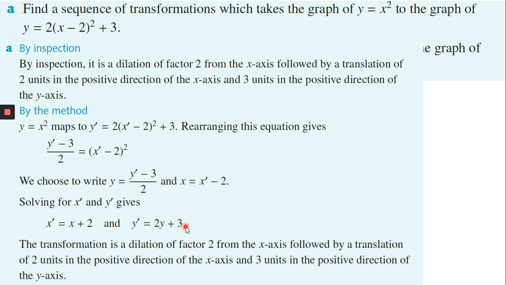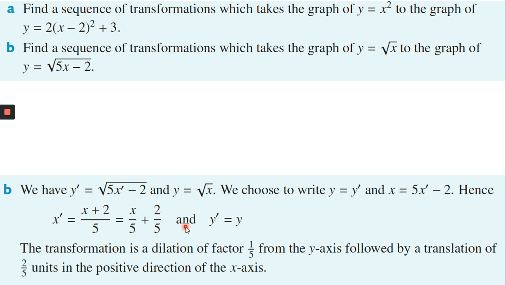Let's look at the second one, which is a little bit more tricky, and we can't actually do that one by inspection. We can't just know that one. This one's a bit too tricky to do that. So doing the same thing again. So the equation, y equals root x. Our image is y dash equals root 5x dash minus 2.